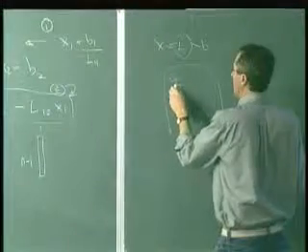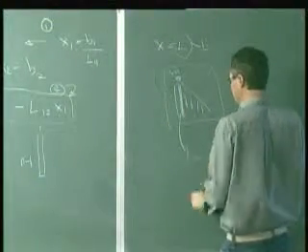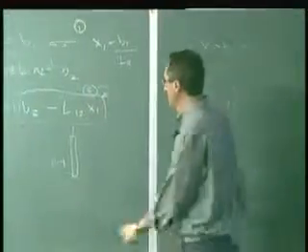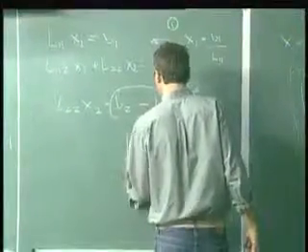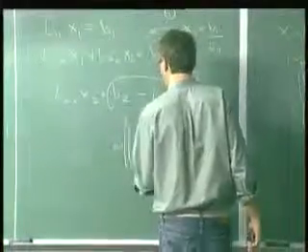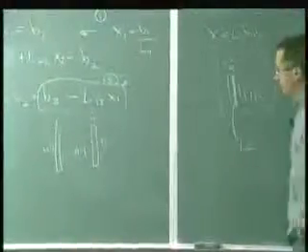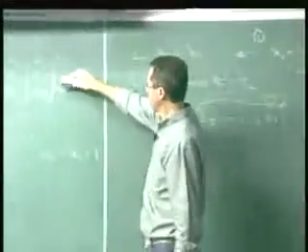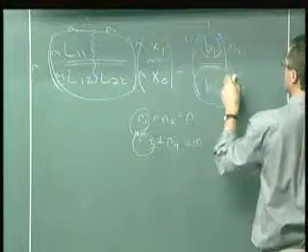So this is L11, and the remainder in this column is L12. X1 is a scalar, and B2 is the rest of the B vector, I'm sorry. This is of size 1, and this is of size n minus 1.